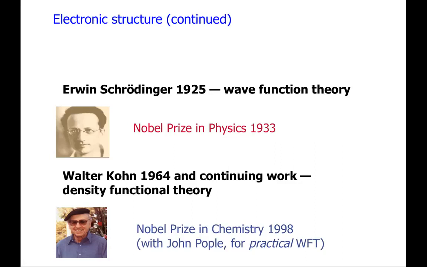And Kohn shared the Nobel Prize with John Pople, who won it for practical wave function theory, I guess I would say. So Schrödinger for the development of wave function theory, Pople for making it actually a sort of everyday tool and figuring out how to do that. But in any case, in 1998, Kohn and Pople shared the Nobel Prize in Chemistry.